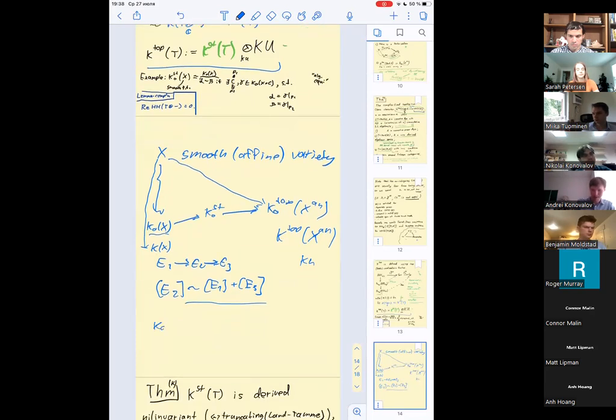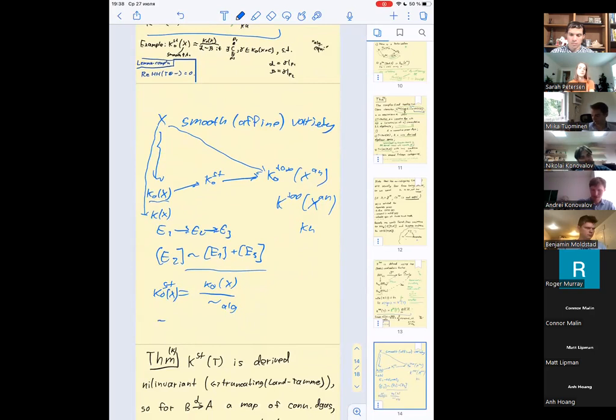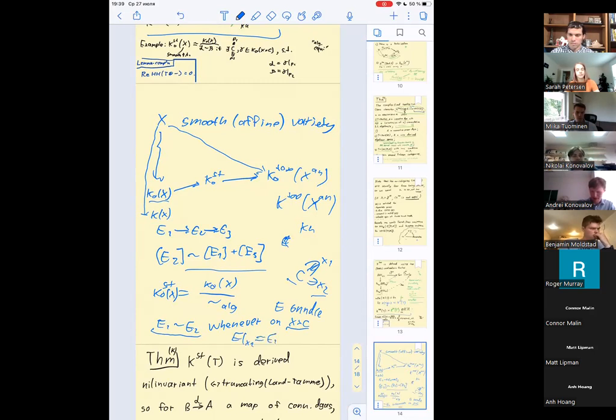This semi-topological K0 group can be defined simply as follows: you consider algebraic K0 of X, and you take it modulo algebraic equivalence, where you basically say that two bundles E1 and E2 are algebraically equivalent whenever you can find a connected curve with two points, say x1 and x2, and a bundle E on X times this curve, such that E restricted to x1 is E1, and E restricted to x2 is E2.